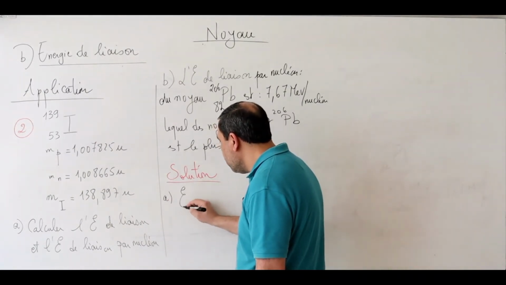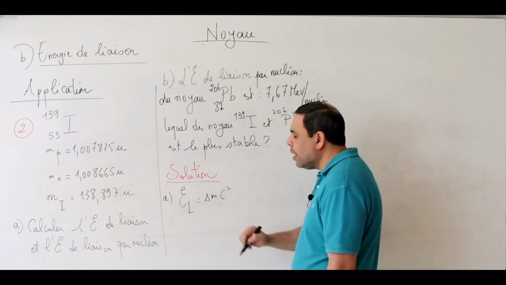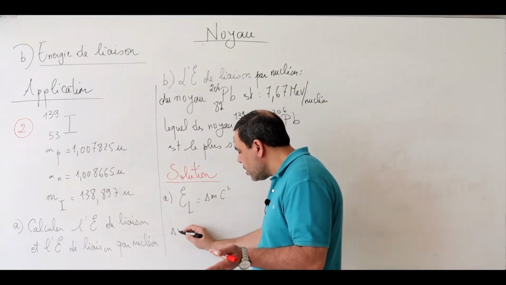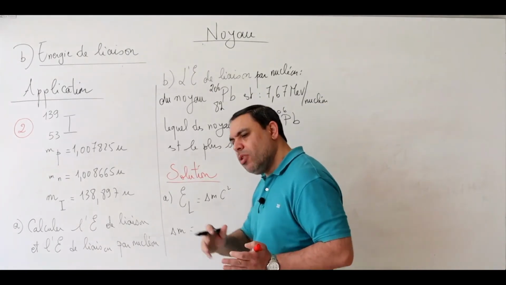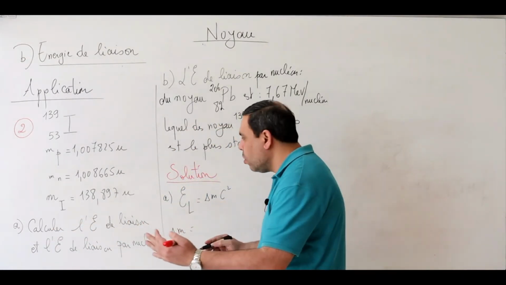The binding energy is equal to delta m c squared. Delta m is the mass defect. The mass defect is equal to the mass of the nucleons that form the nucleus minus the mass of the nucleus.